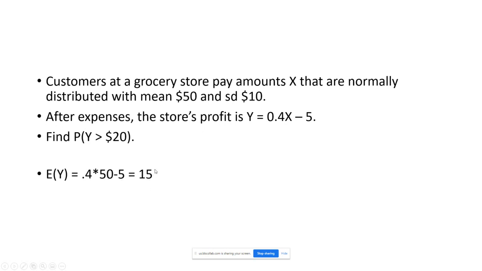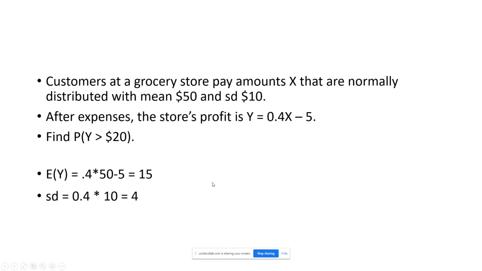So we get 15 as the expected profit from a single random customer. And the standard deviation is the absolute value of 0.4 times the standard deviation of X. So 0.4 times 10 is 4.